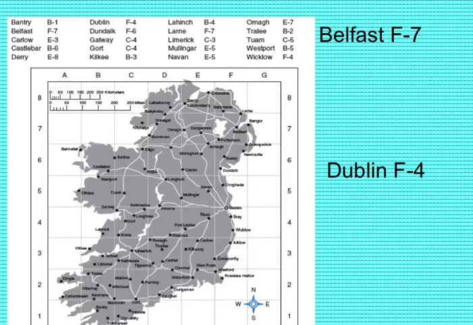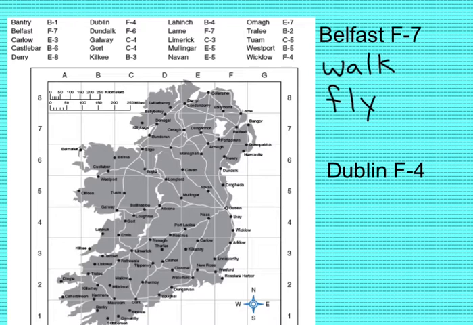All right, so now we're back to our map of Ireland, and we have a couple places that we want you to try to locate on the map. We have Belfast at F7, and we have Dublin at F8. And I want to remind you that you need to walk first and then fly.